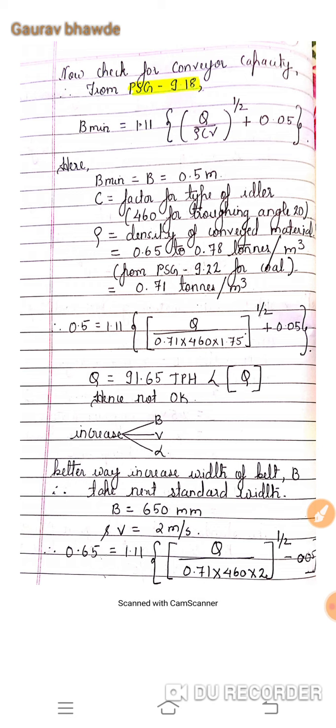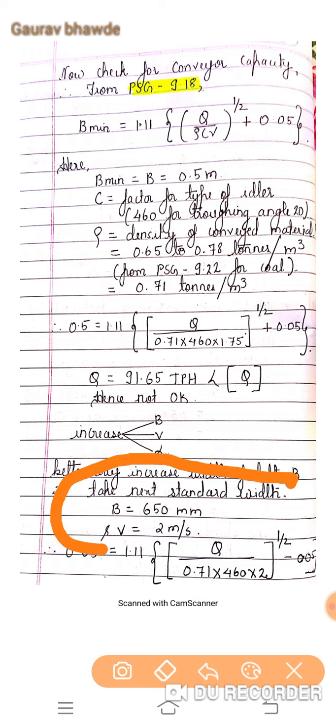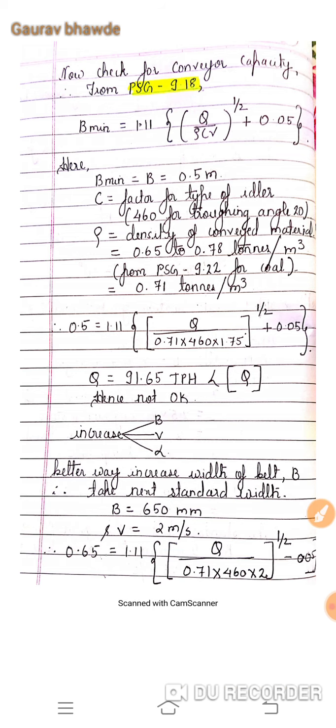So what we do is that we can either increase belt width, speed V, or alpha, but the better way is to increase the width of the belt. So we consider the next standard width, which is B equals 650 mm and velocity equals 2 meter per second.